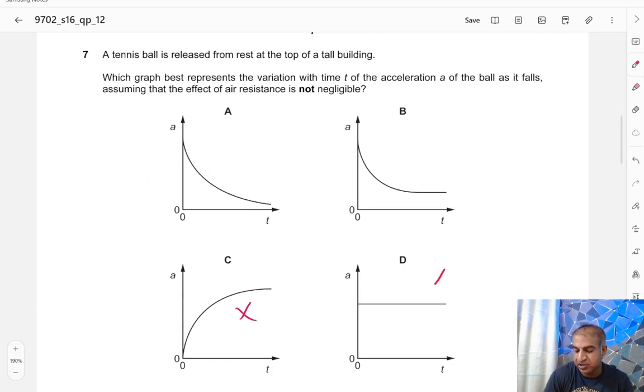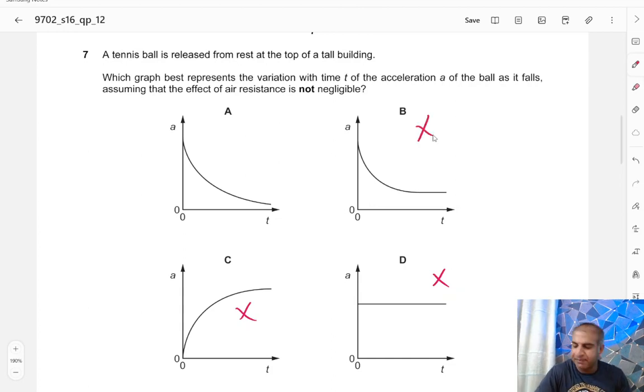Acceleration is definitely not constant because of the air resistance, because there is an imbalance of forces, and eventually it will hit terminal velocity when the air resistance forces become equal to the weight. So the acceleration is going to become zero when the resultant force acting on that tennis ball becomes zero.